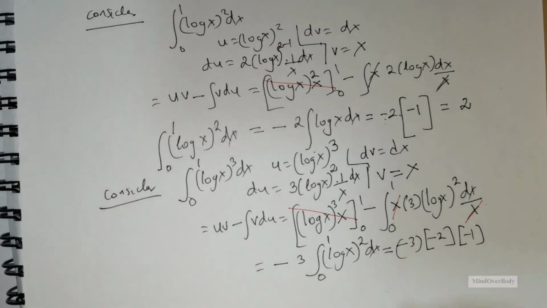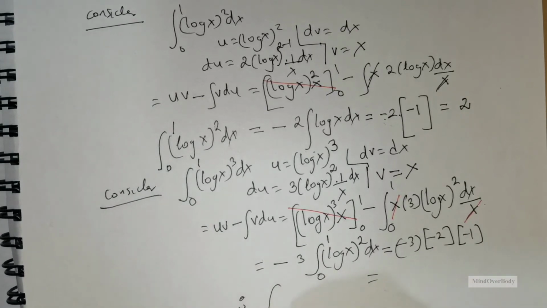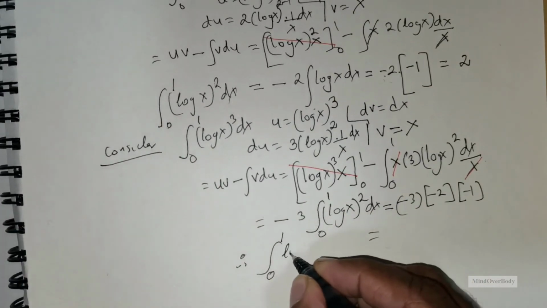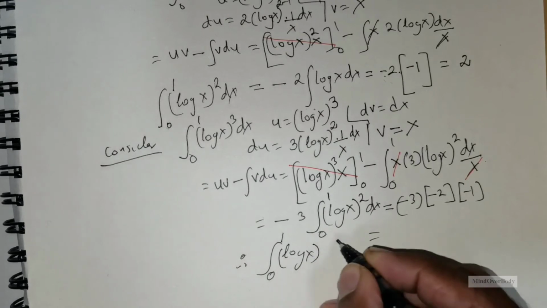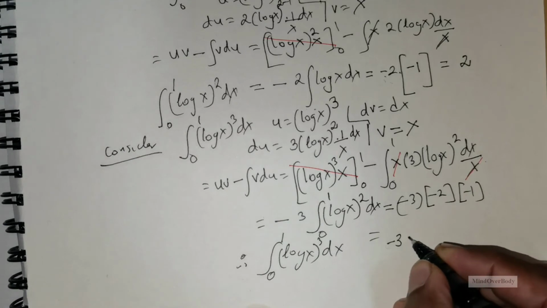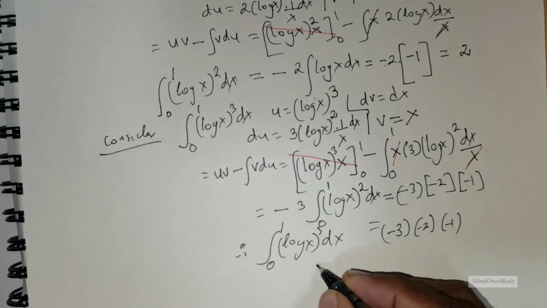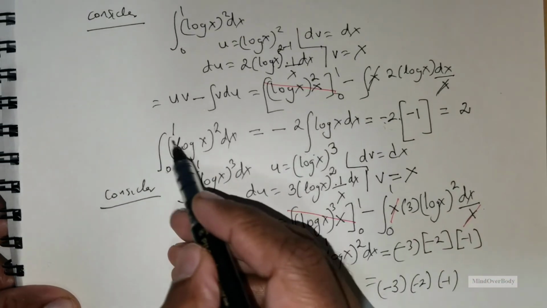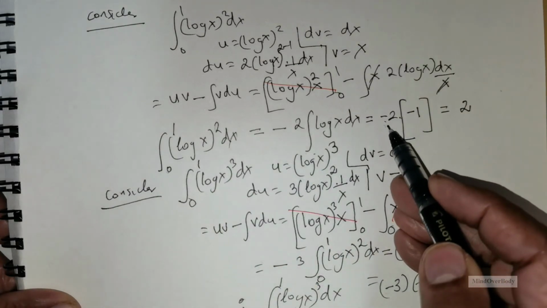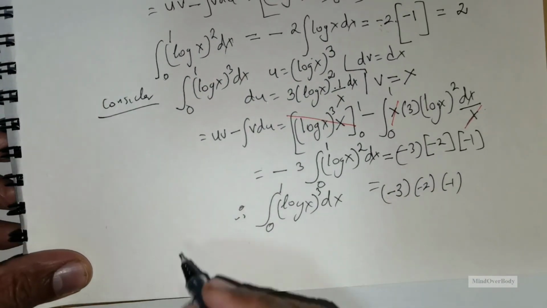So I can rewrite, therefore, the integral 0 to 1 of (log x) raised to the power 3 times dx as negative 3 times negative 2 times negative 1. And also when we worked out the integral of (log x) raised to the power 2 times dx, we got negative 2 times negative 1. So you can clearly see the pattern here, right?